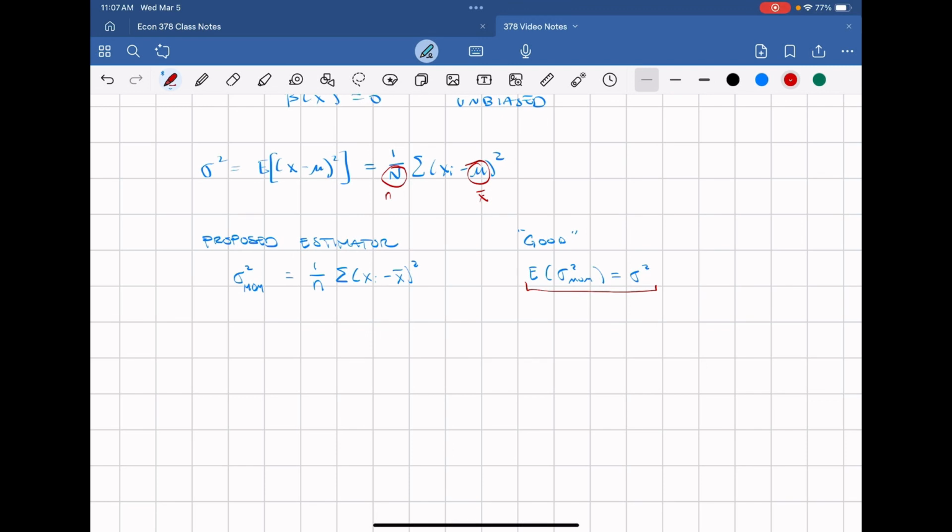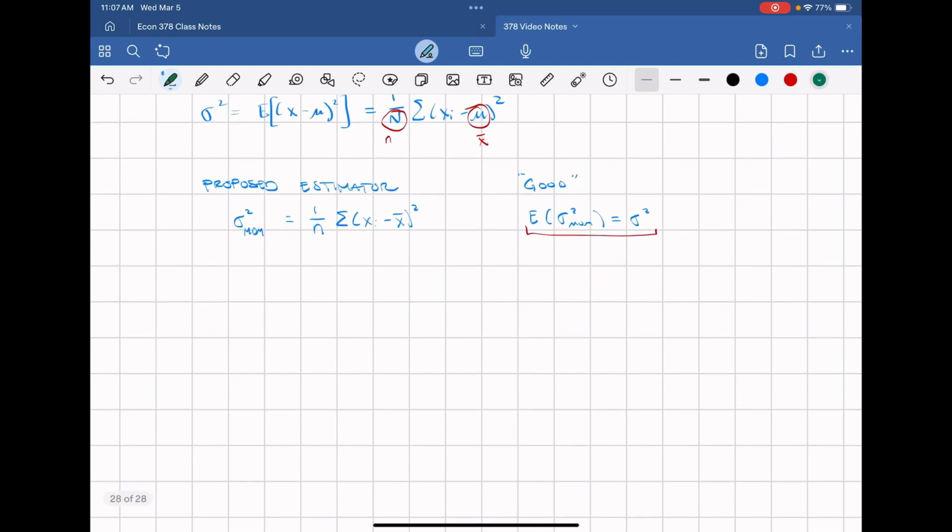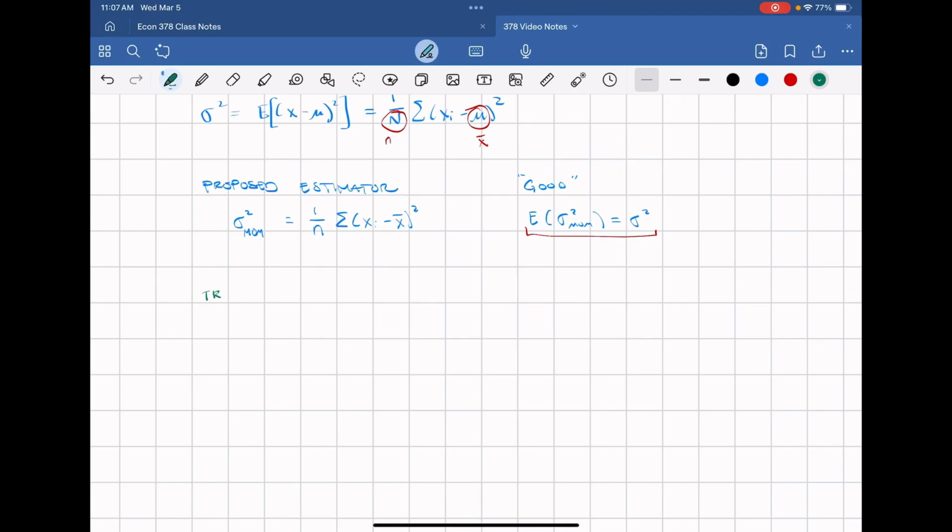All right, so to be able to show that, we're going to first put a few tricks in our bag to think about. One is that x bar is equal to 1 over n summation of xi. And so this implies that the summation of xi is equal to n x bar. I just multiplied both sides by n.